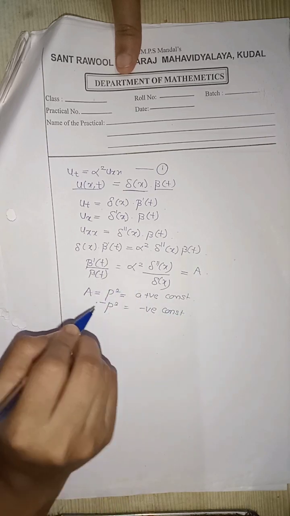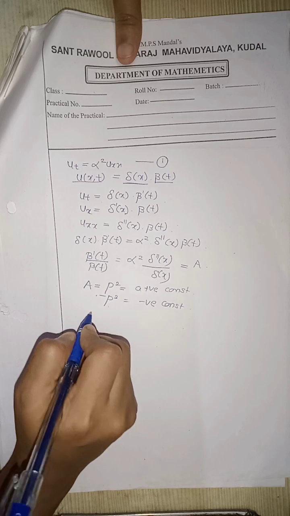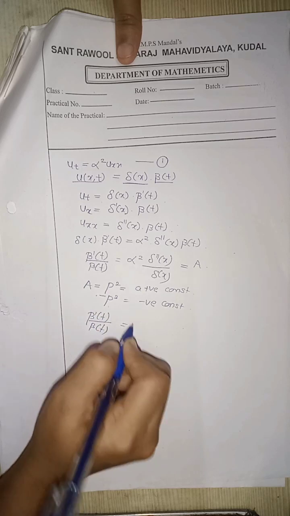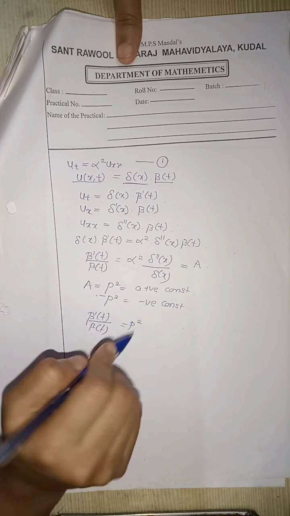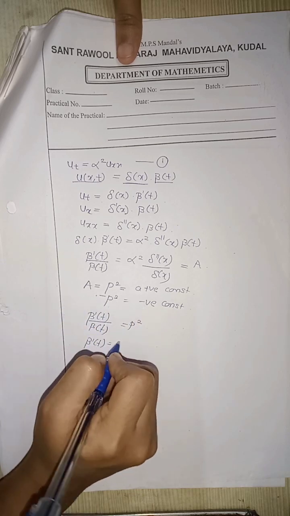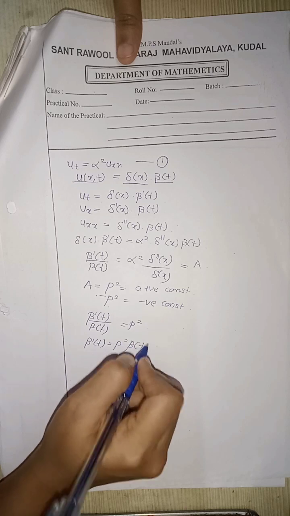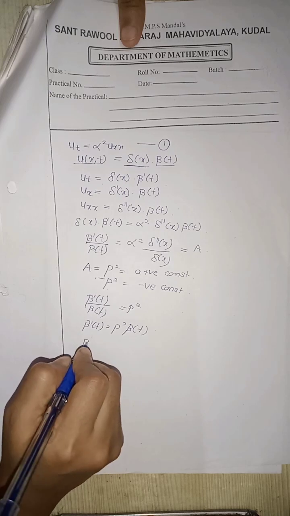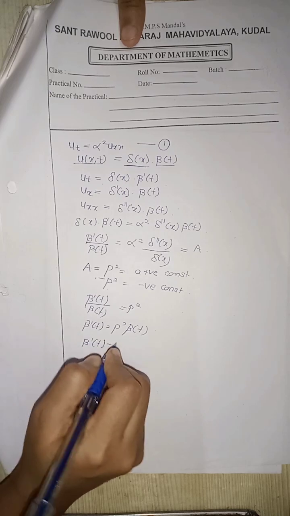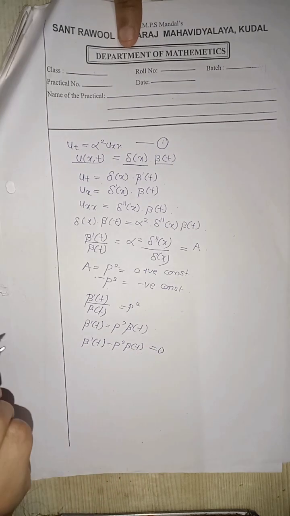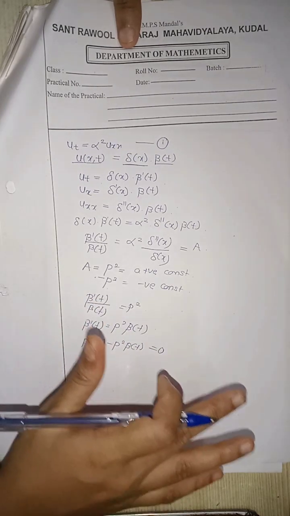Now if you consider beta dash t upon beta t equals p square, then solving this, you'll get beta dash t equals p square beta t. Taking p square beta t to one side, you'll get beta dash t minus p square beta t equals 0. Okay, so this is the equation you got.